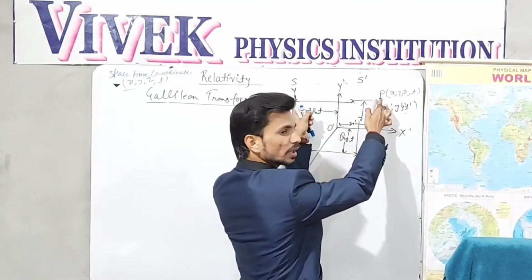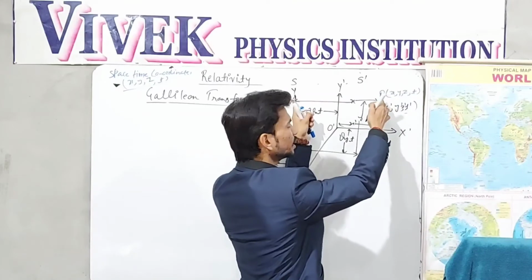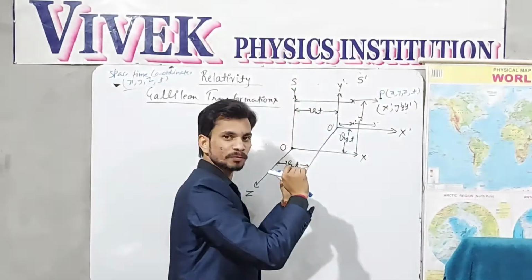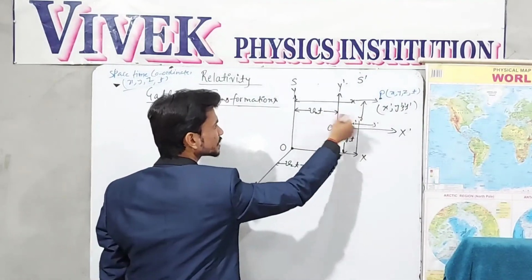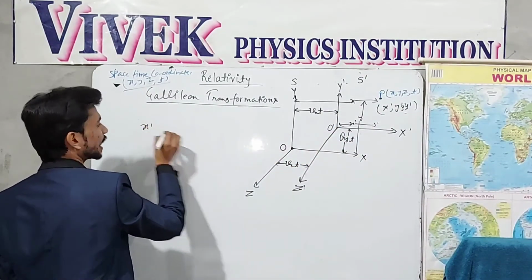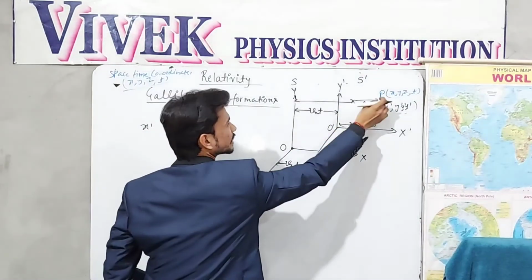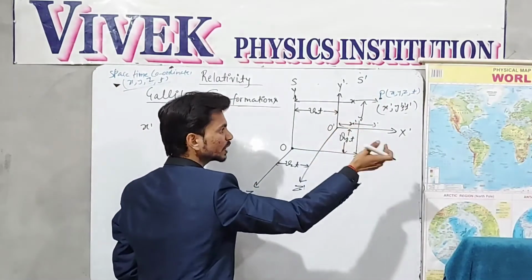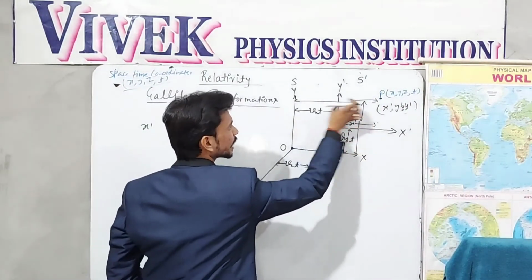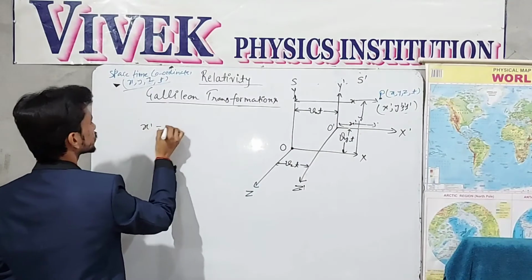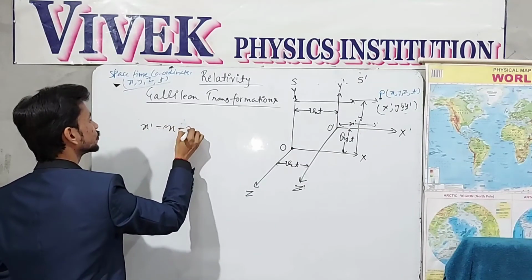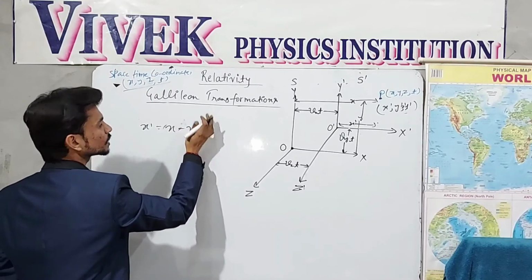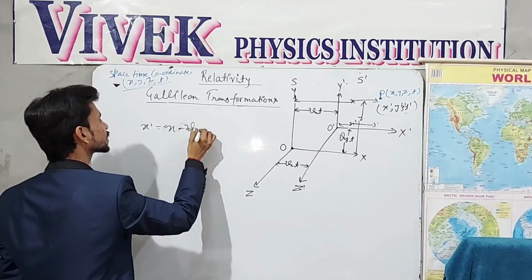X is the position of P in the x-axis according to the S frame, and the relation among x dash, x and vxt is that x dash is equal to x minus vxt. I am repeating, x dash is equal to x minus vxt.